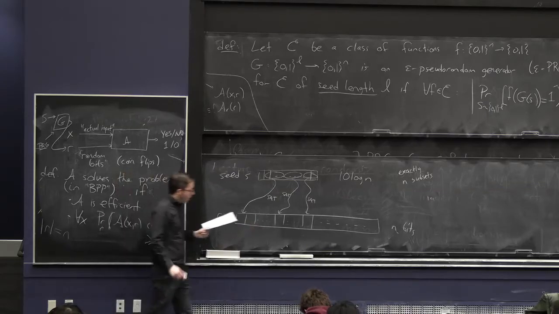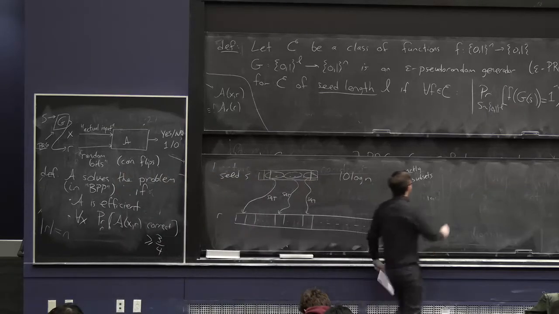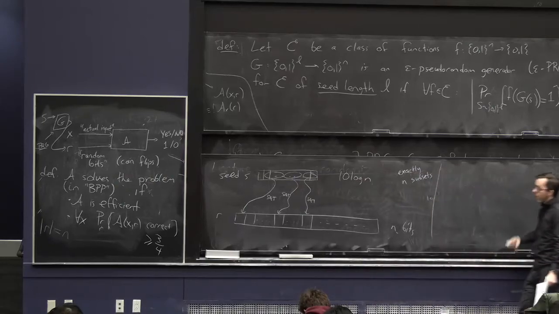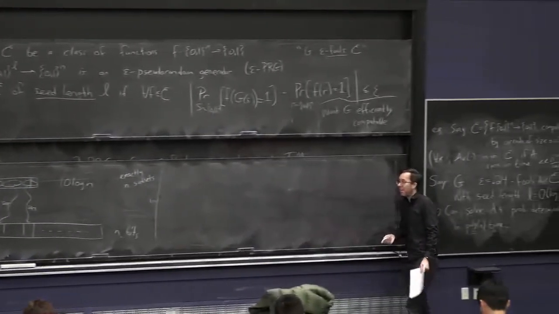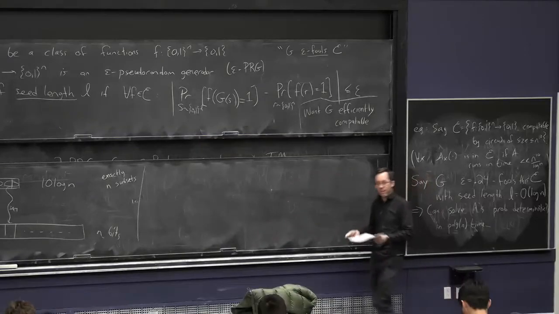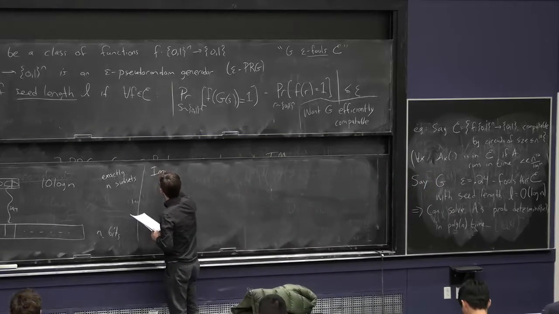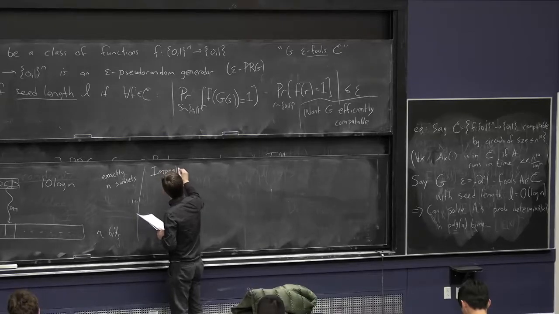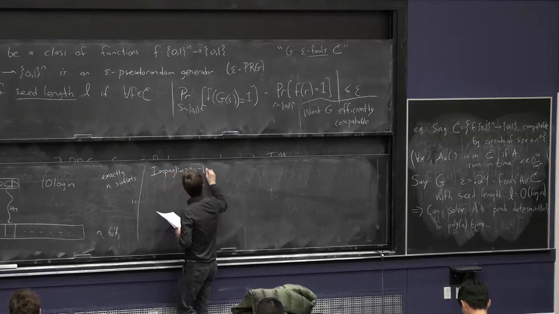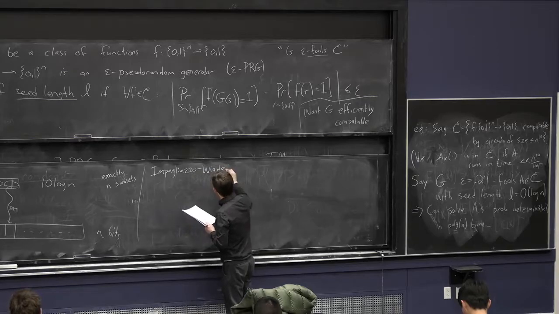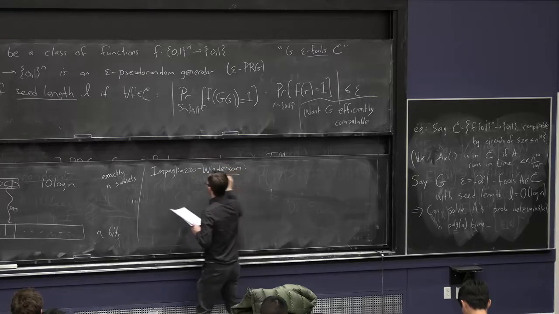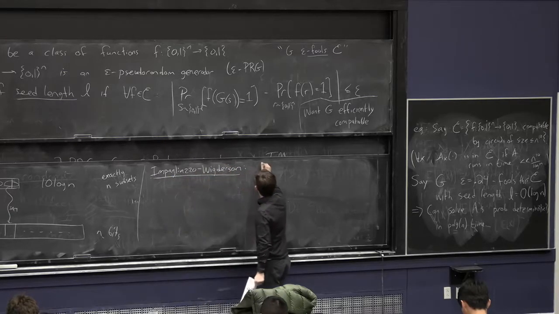This is a vague idea, but let me just summarize what was proved about this idea over the course of like 5 or 10 years in the 90s. It culminated in a theorem due to Impagliazzo and Wigderson. This is the Impagliazzo-Wigderson Theorem. And it says the following.